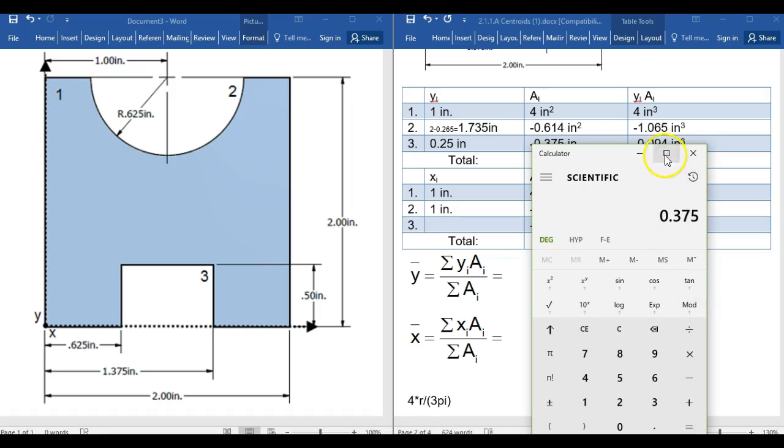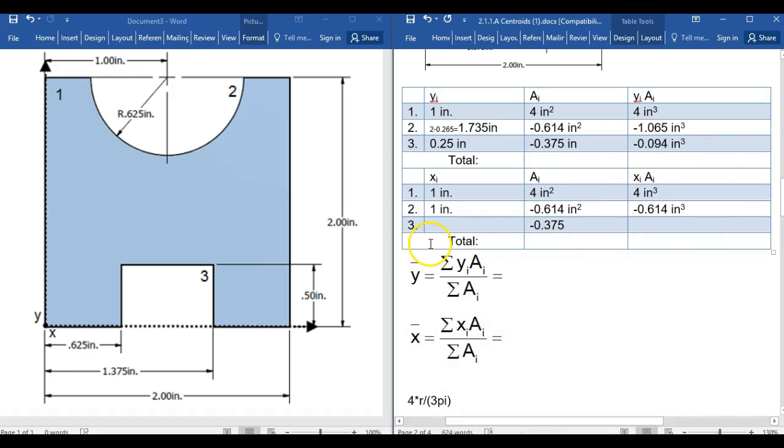And we get 0.375. However, that's from here to halfway across the box. We still have to get this 0.625 and then go 0.375.